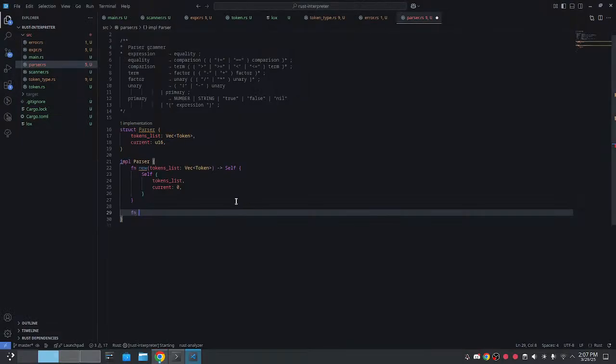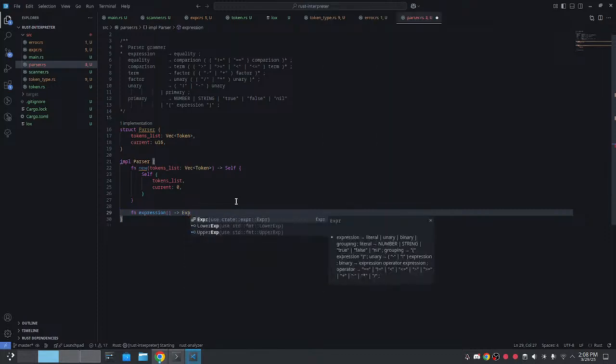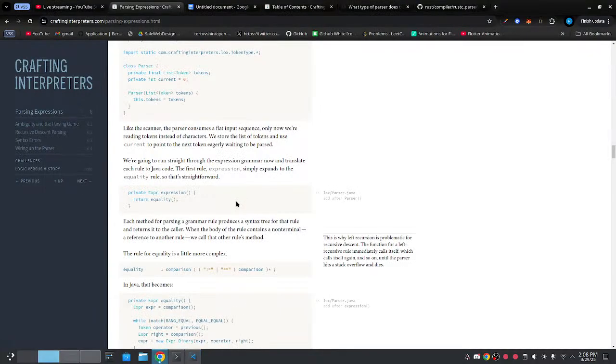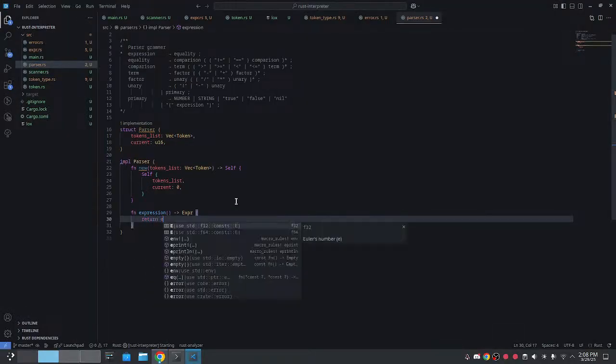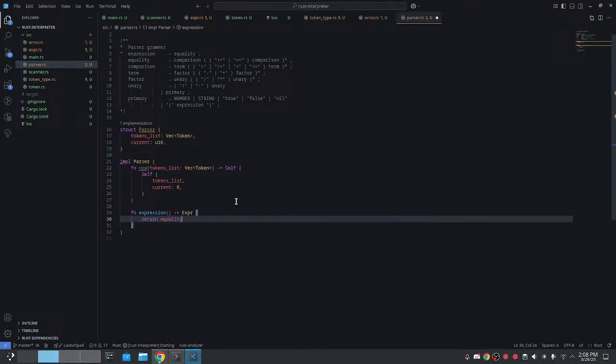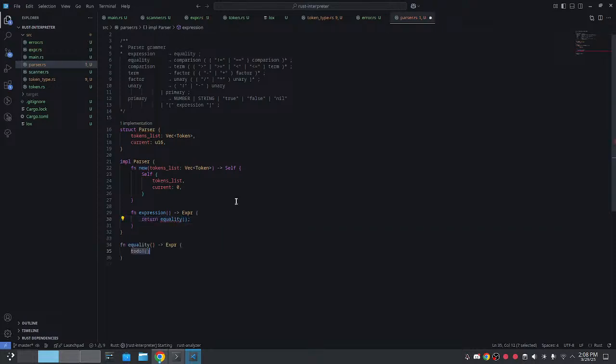This is expression, gives expr. Let t. This would also be inside.